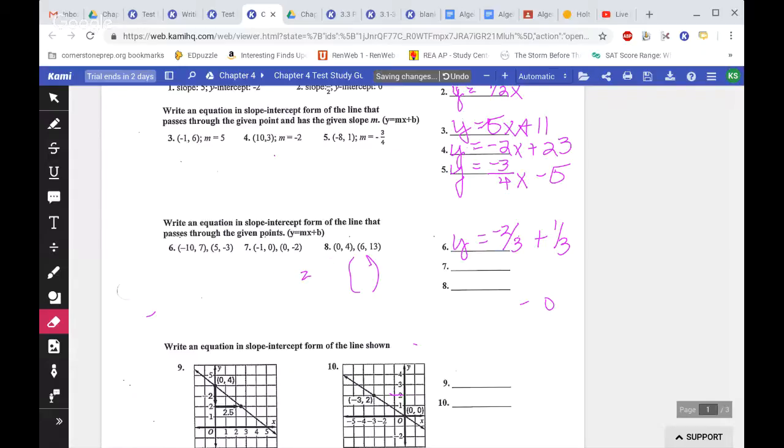Could you do number 9 and 10? Yes. And I'm going to go ahead and write the answers in for 7 and 8 for you guys. Is there anybody who needs me to just at least do the work on the screen? Could you?